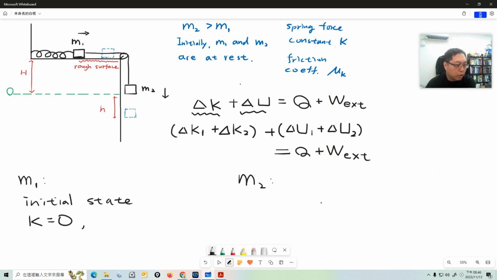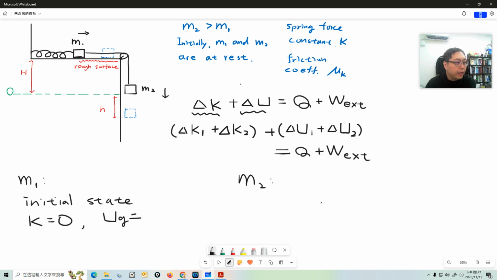And at the initial state, what's the potential energy of M1? For this problem, in this semester we only have two potential energies. One is gravitational potential energy. The other is elastic potential energy. First, the gravitational potential energy of M1 at the initial state. To evaluate it, we need to set up a coordinate.